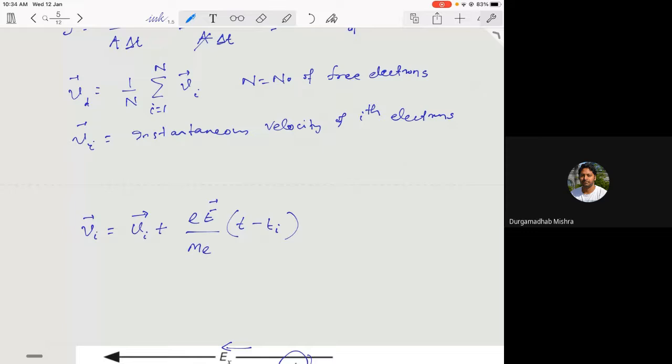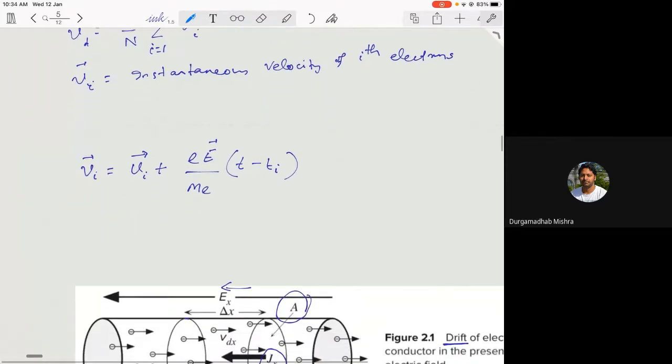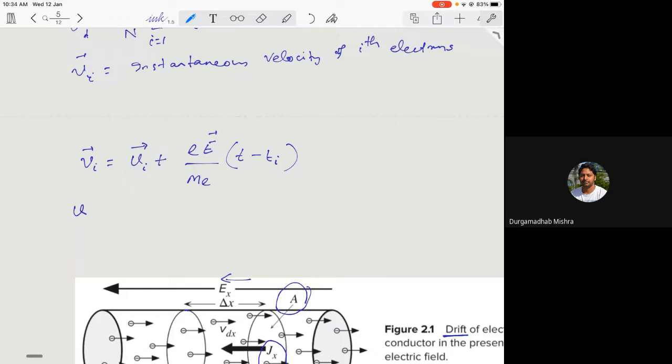Let's look at these terms a little bit carefully. What is ui? This is the initial velocity just after collision or scattering. The electron gets scattered from maybe an atom or a defect, and just after it gets scattered or collides, it will have an initial velocity ui.